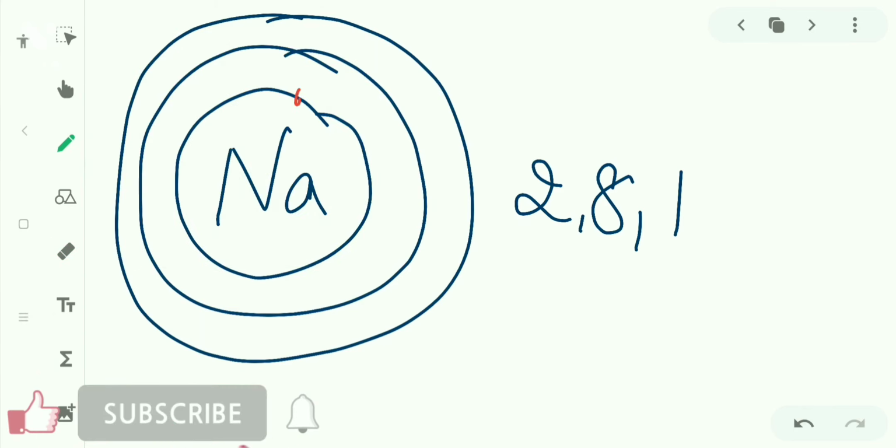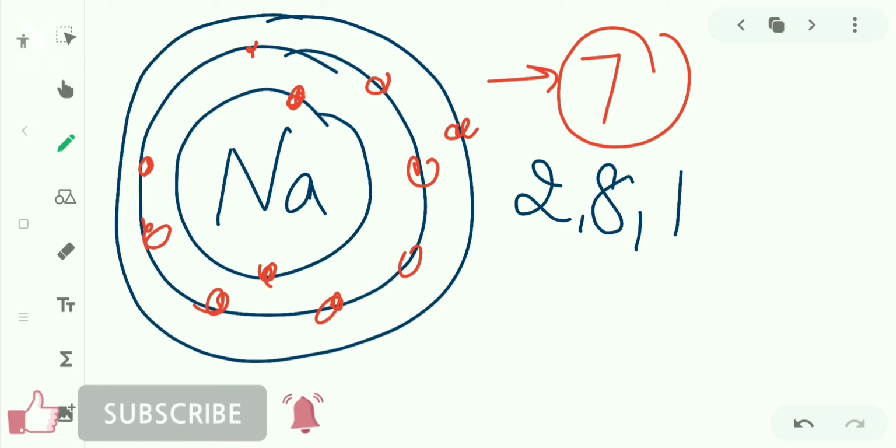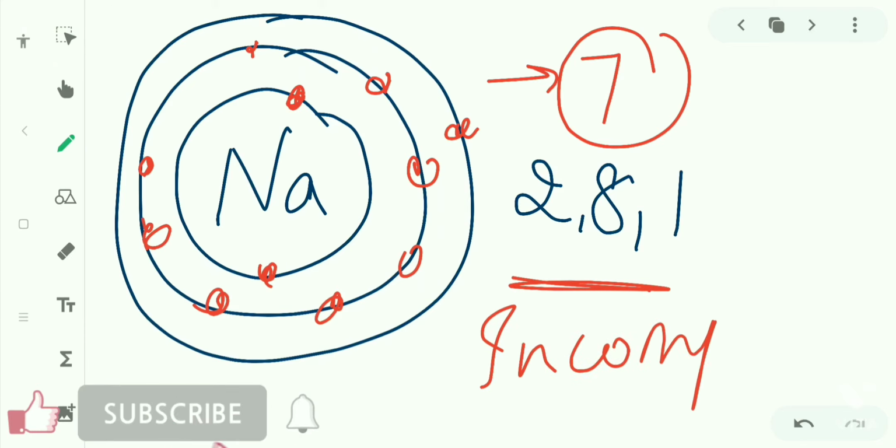It has 2 electrons here, then 8 electrons here, and then only 1 electron here. So it still requires how many electrons to complete this orbit? It requires 7 electrons to complete. So that's why this is incomplete. Okay, incomplete orbit.